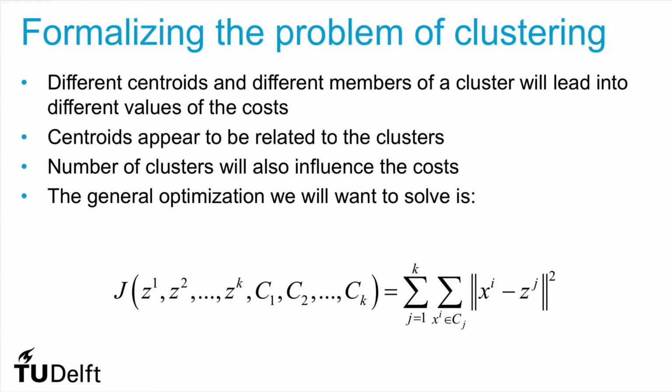And in general, we can think of the problem that we want to solve as a function of centroids and clusters, and with clusters I mean the decision of which data samples will belong to which cluster, and the cost will be the sum for all clusters from 1 to k of the distances within clusters and centroids.